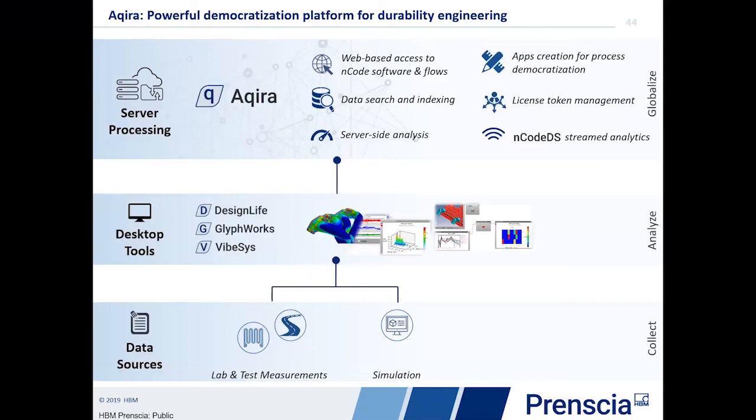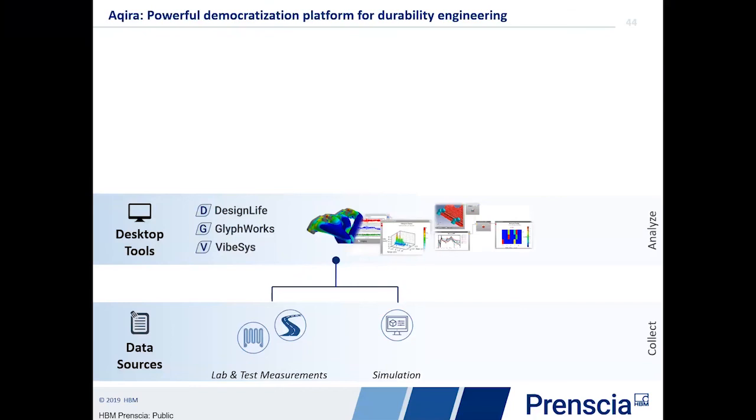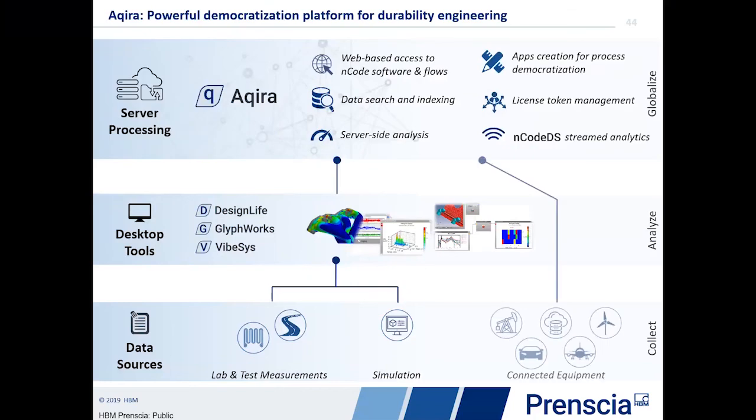And we also have our Encode DES streamed analytics capability, which is, again, a next-generation capability for scalable stream data processing. And that really ties well into what we see in terms of increasing need for analyzing connected equipment data and the types of data that come from those sources.